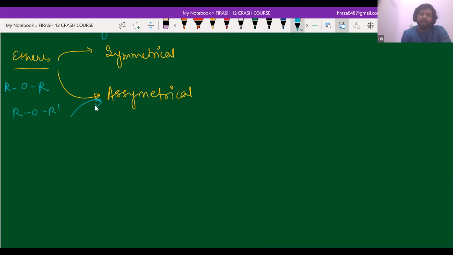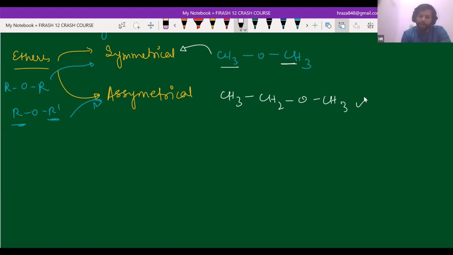This will be asymmetrical, which means the alkyl groups on both sides are different. Symmetrical means the alkyl groups on both sides are the same. If you have CH3OCH3, you can see the same alkyl group alongside O, so it is symmetrical, and different alkyl groups alongside O means asymmetrical. Are you getting my point? It's very easy.